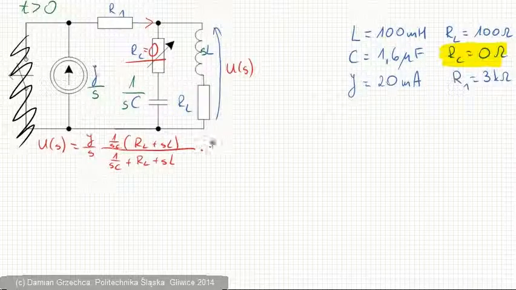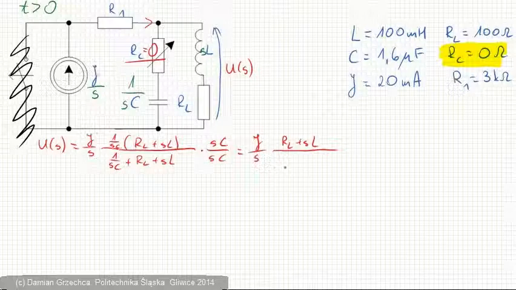Let me multiply numerator and denominator by SC, J over S times RL plus SL over, and let me rearrange the denominator with respect to the highest power of S: S square LC plus SC RL plus 1.